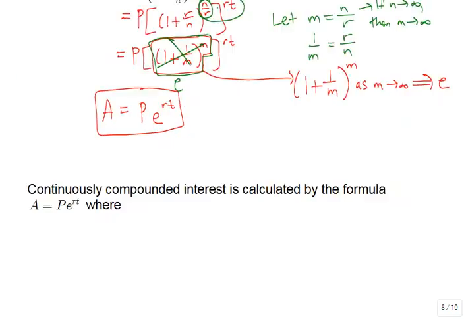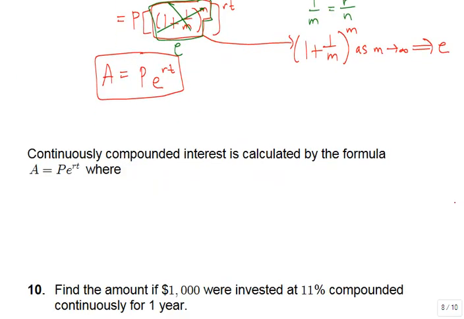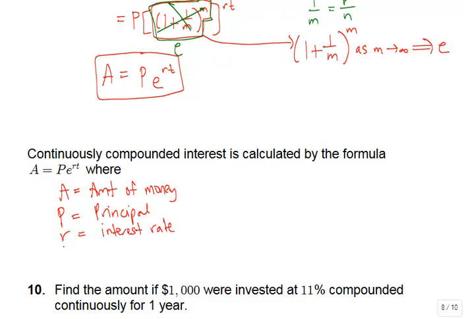So this is going to be called the compounding continuously interest formula, PERT, where A is the amount of money in your account, P is our principal, R is the interest rate as a decimal, and T is time.